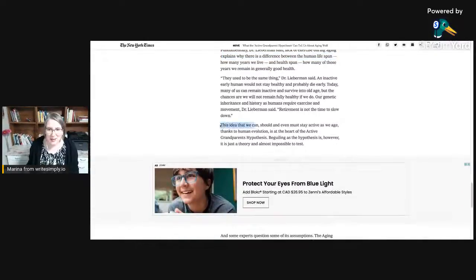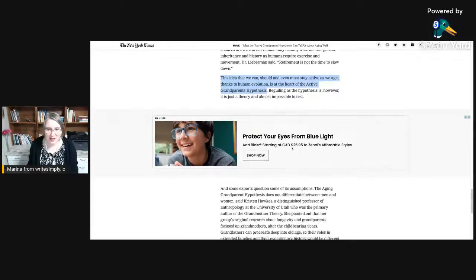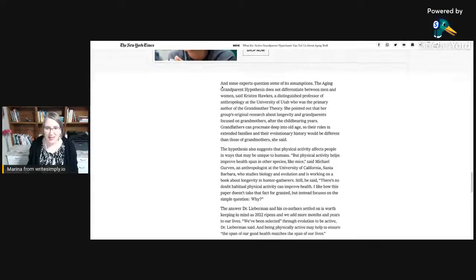The idea that we can, should, and even must stay active as we age, thanks to human evolution, is at the heart of the active grandparents hypothesis. All right. Some experts question some of the assumptions. So now they're going to flip to the other side. It doesn't differentiate between men and women.